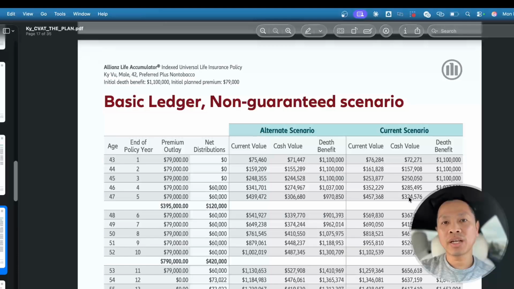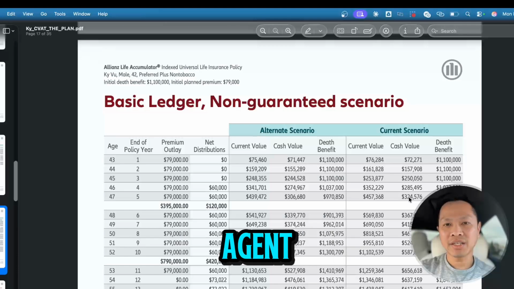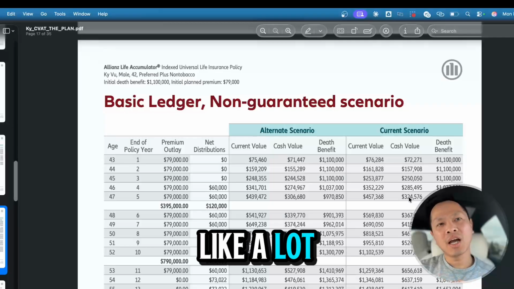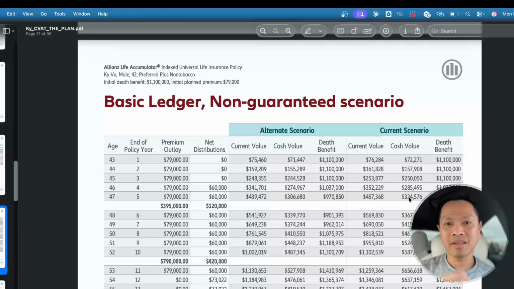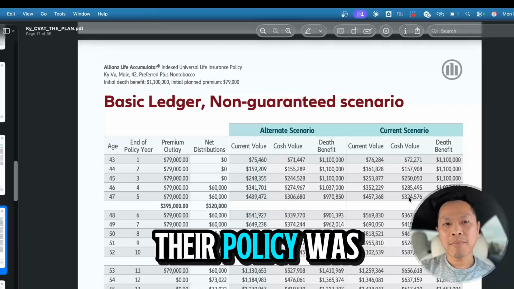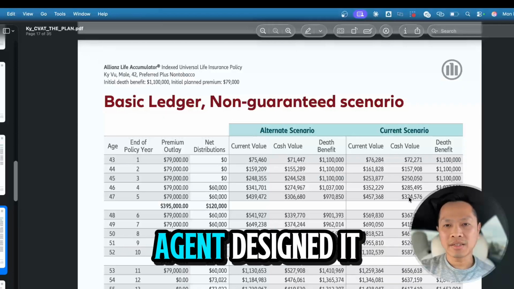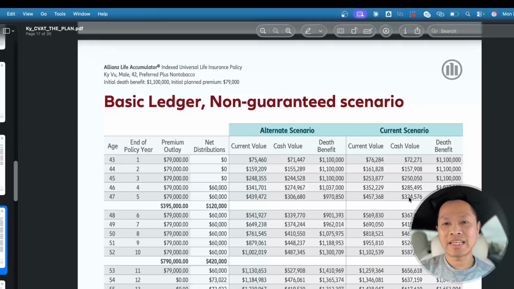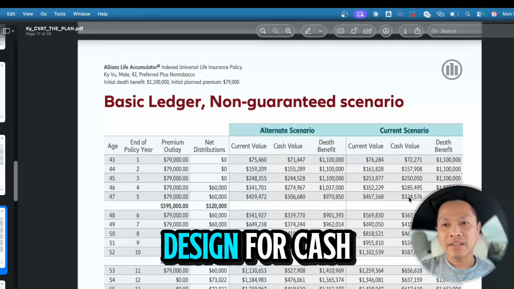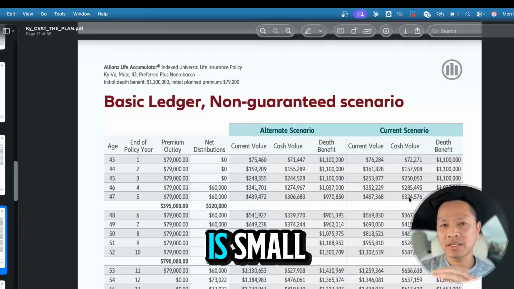That's why if you're going to get one, you have to find a good agent. That's why you also see a lot of people calling IUL a scam and all that stuff. That's mostly because their policy was wrongly designed. The agent designed it wrong, or designed it for the agent's benefit. Because how the IUL works is that if the policy is designed for cash value, then the commission is small.